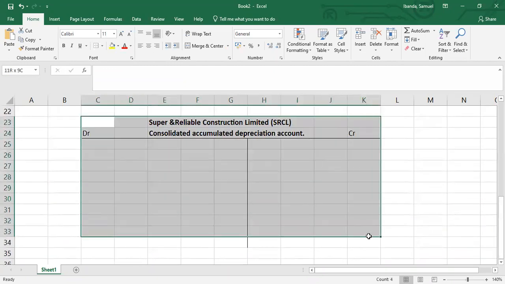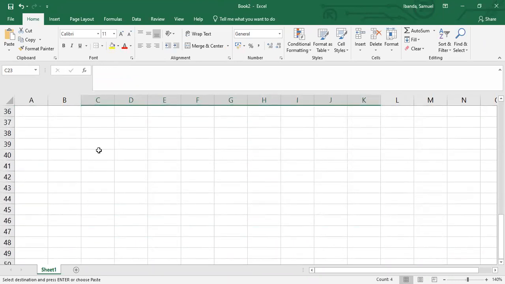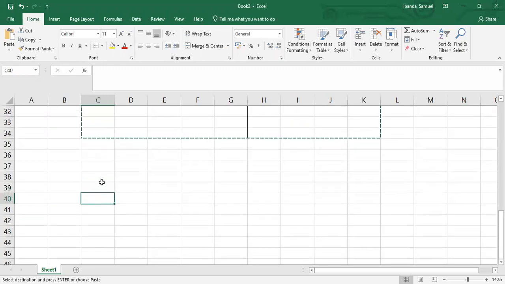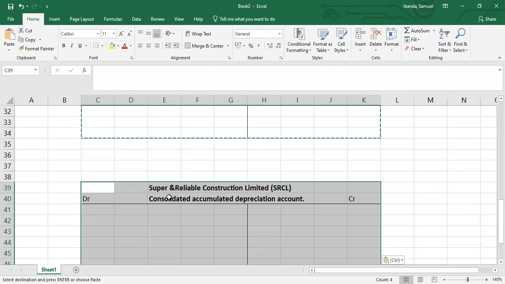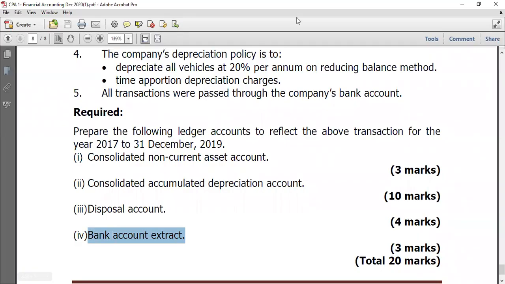So myself, I'll just copy and move. Make sure you leave enough space because that account can be increased depending on the level of transactions. Okay. So I'll just move back. Just call it a bank account extract.